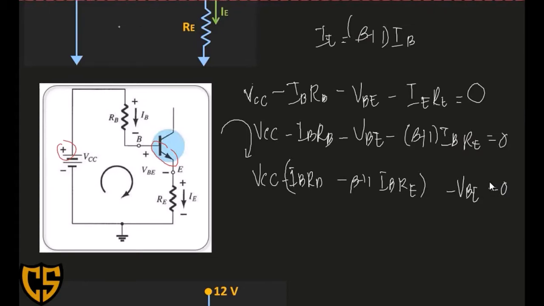Then we can transfer the terms with IB to the right side of the equation. So we have VCC minus VBE is equal to IB RB plus beta plus 1 RE.